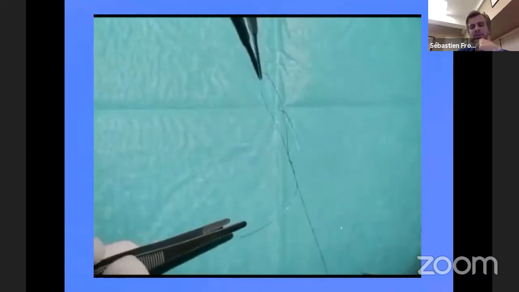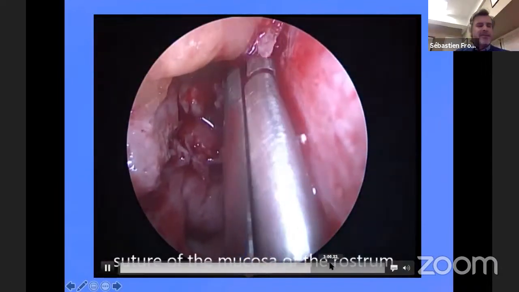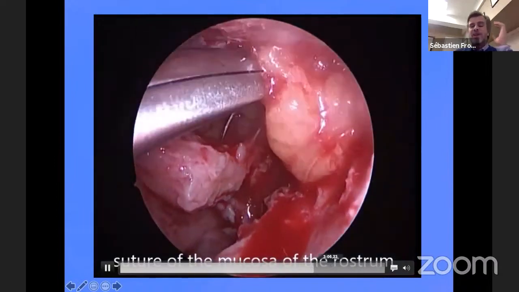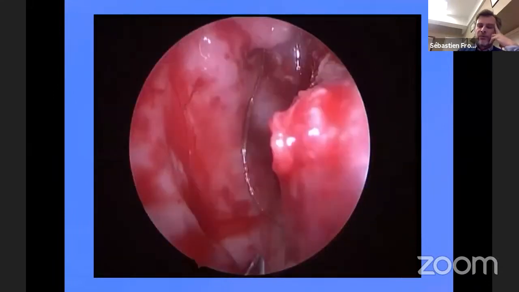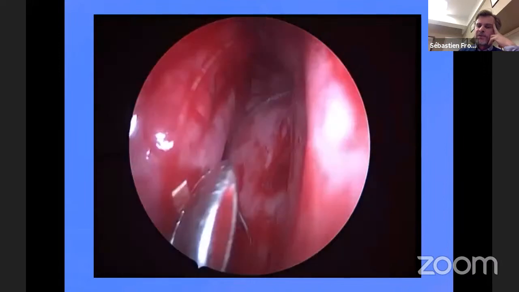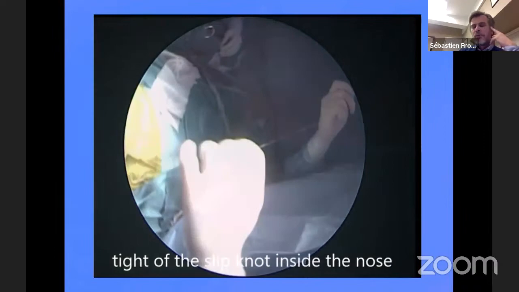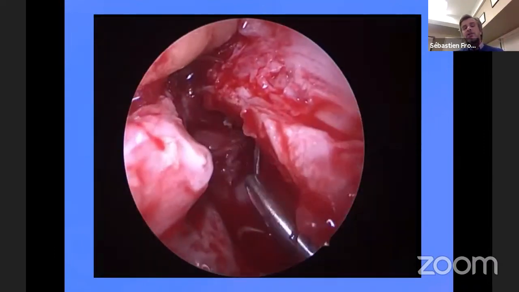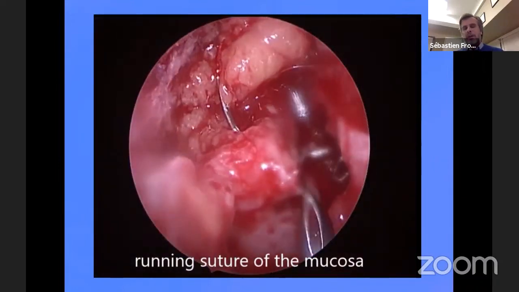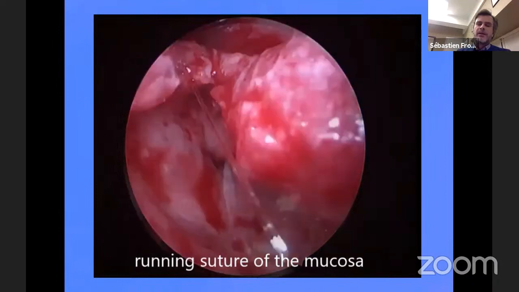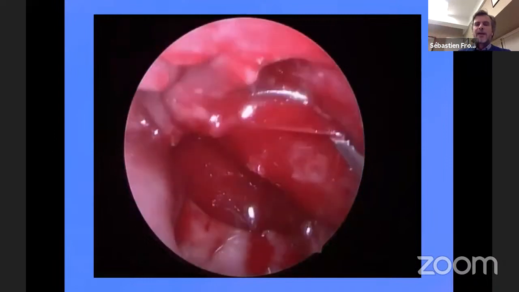This is one technique I used at the beginning, but I have changed it now to make it much easier. It's a little bit challenging to stitch, but not so difficult. It takes a little bit of time and patience, but with a little bit of training and experience, it's much easier to stitch the mucosa of the rostrum, which is about 4 or 5 centimeters deep, than stitching, for example, the dura mater of the clivus, which is 3 centimeters deeper, and much more challenging to stitch because it's really a coronal plane.